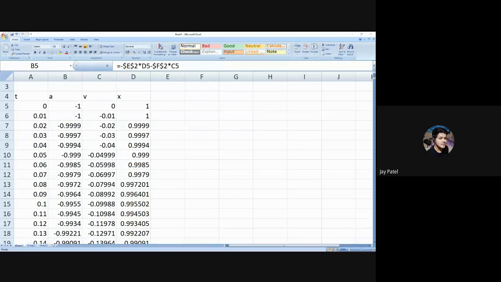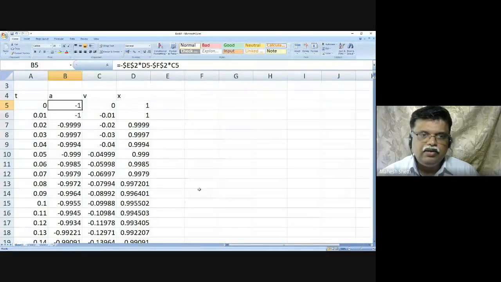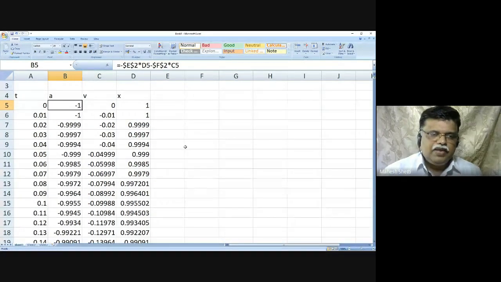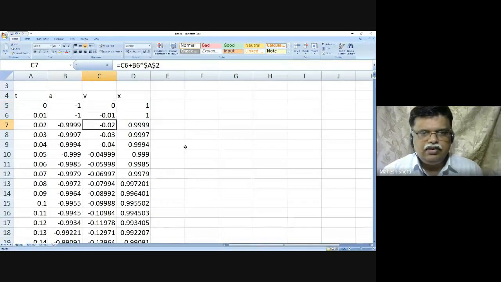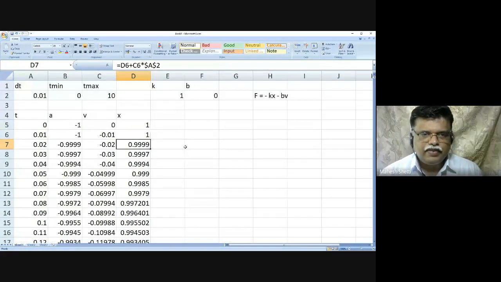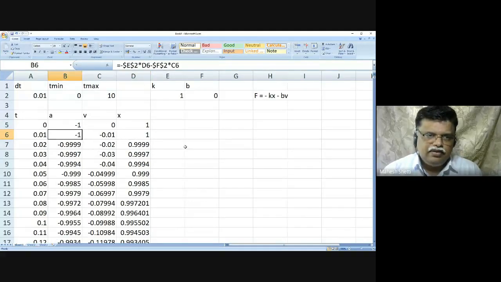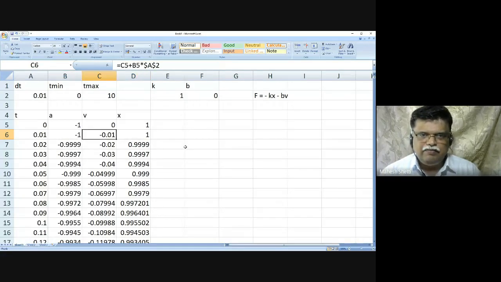Sir, can you please repeat the formula for B6? Yes, I will do that. B is what I'm doing: calculating acceleration based on the velocity and displacement at that particular time interval.